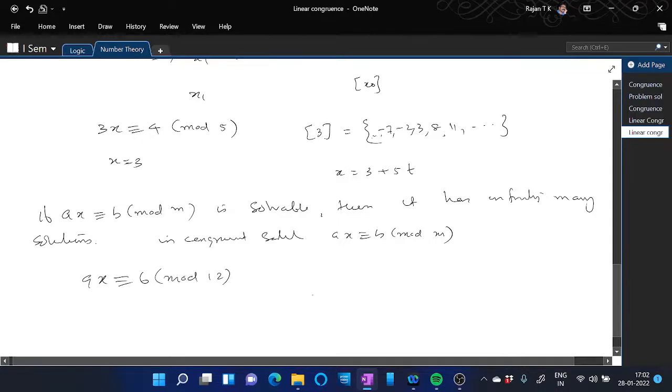You can see that 9 into 2, that is 18, is congruent to 6 mod 12, which implies 2 is a solution. 9 into 6, that is 54, is congruent to 6 mod 12. 54 minus 6 is 48, a multiple of 12, which indicates 6 is also a solution.